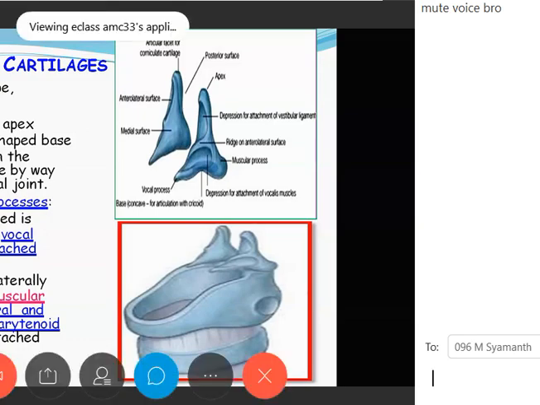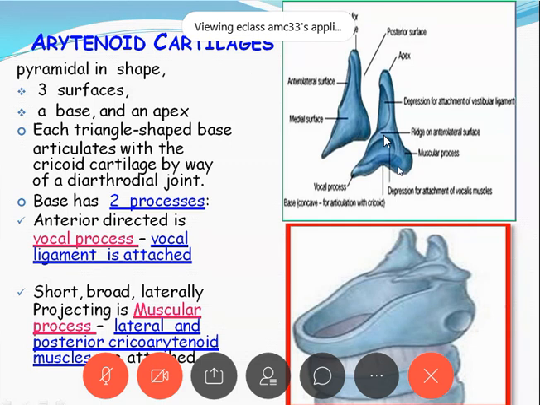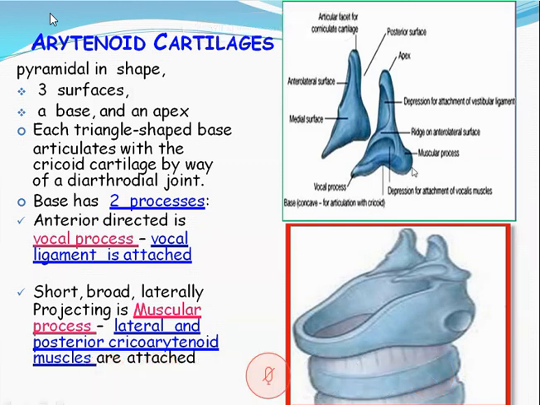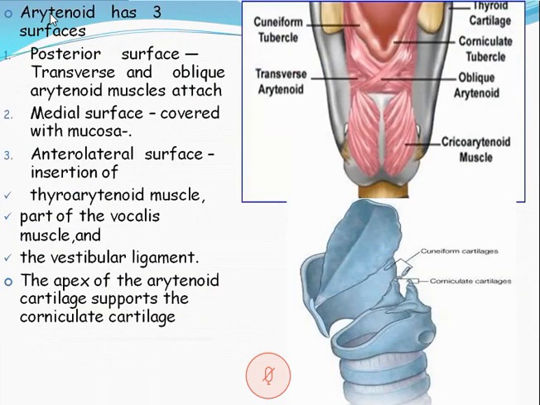And another one is the lateral process, the muscular process, where the lateral and posterior cricoarytenoid muscles are attached here. Arytenoid has three surfaces.